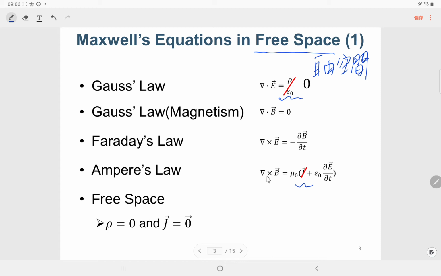As long as we have this assumption called free space, we make the charge density, which is rho, and also the current density to be zero, and it will make the Maxwell equations much easier to analyze.